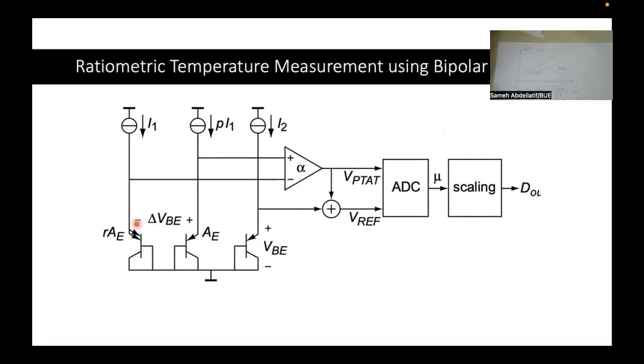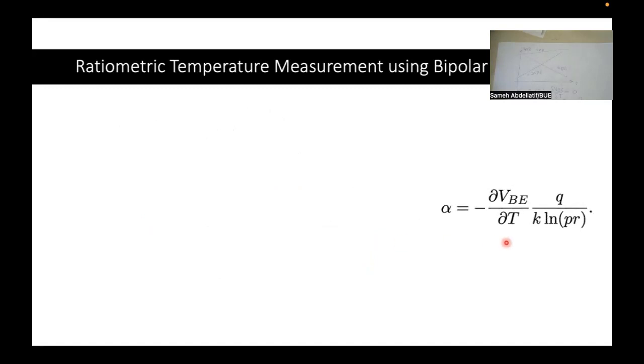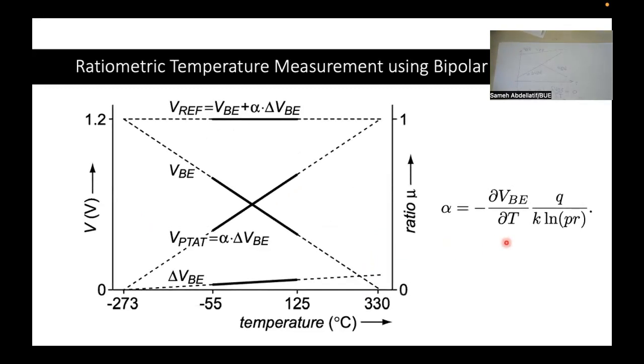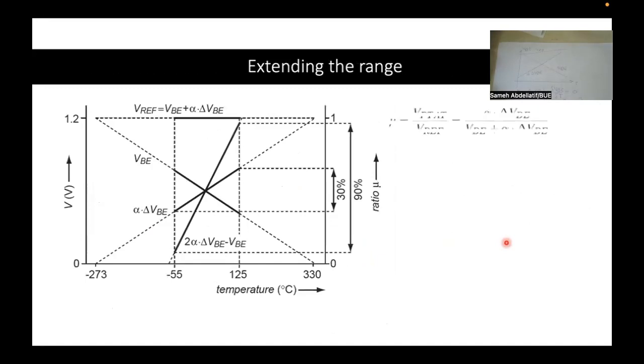Second, to adjust your sensitivity, which is the minimum variation occurring in the output due to a minimum change in the input. A second design parameter is alpha, which is a key parameter in making V reference a temperature independent process by making a reverse dependence between the two components, resulting in a reference voltage which is temperature independent. A third important parameter is an extra amplification or maybe attenuation for your VPTAT.